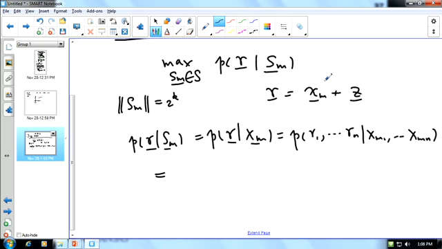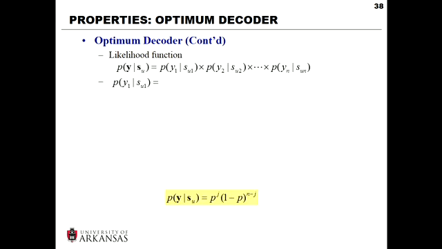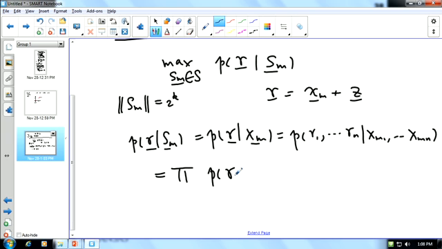And because the noise samples are independent, given X, the only randomness comes from Z, and for Z, each sample is independent. Therefore we can write it as P(R_u | X_mu), where u is from 1 to n.